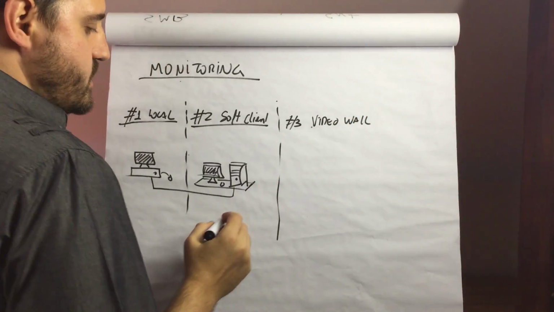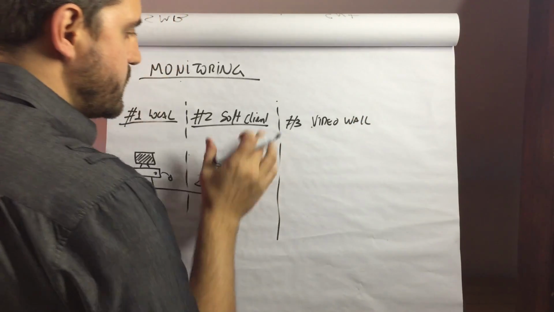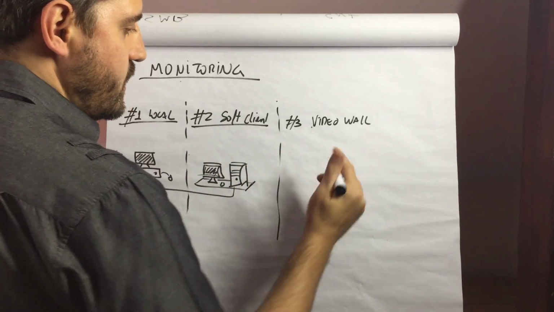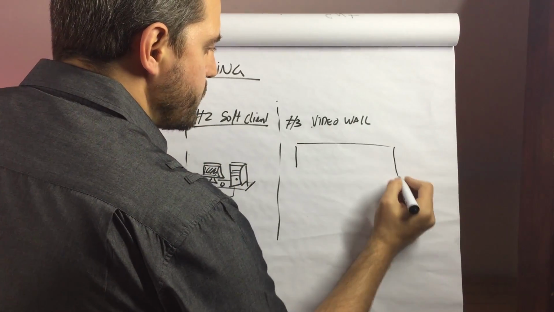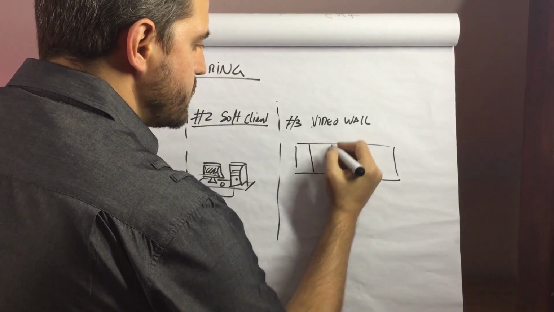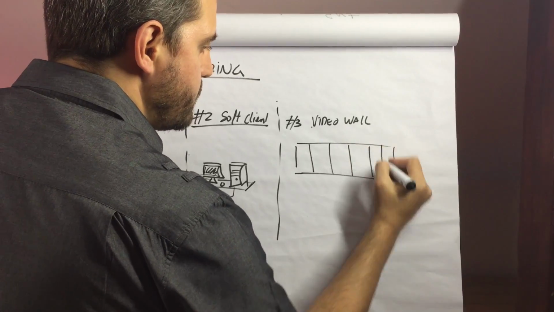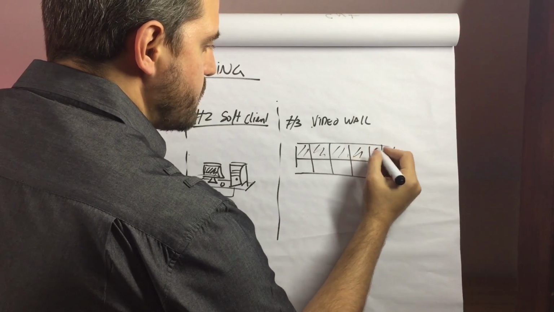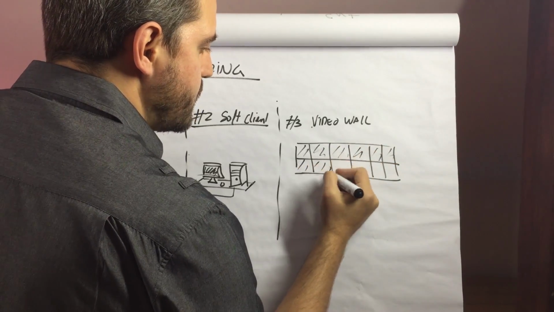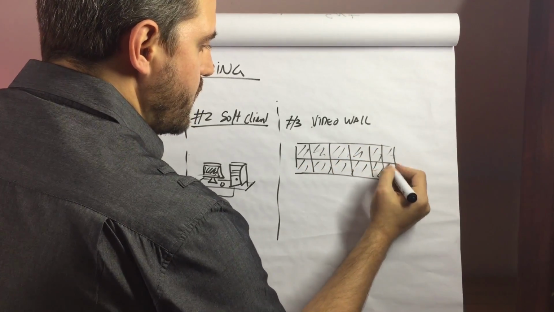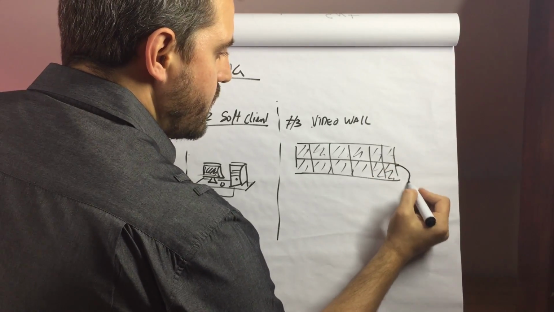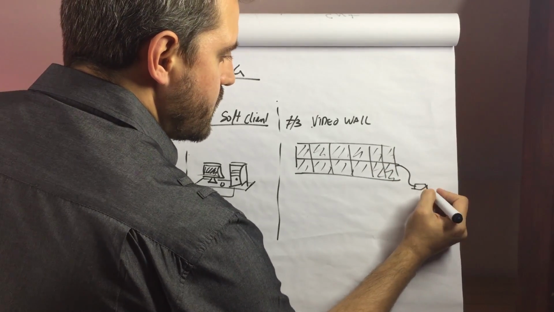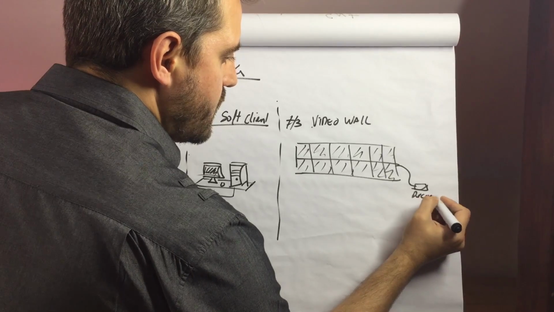So the video wall basically combines this soft client solution on a bigger scale. So let's assume that this is a very big room, and these little squares here are televisions grouped by a decoder device.